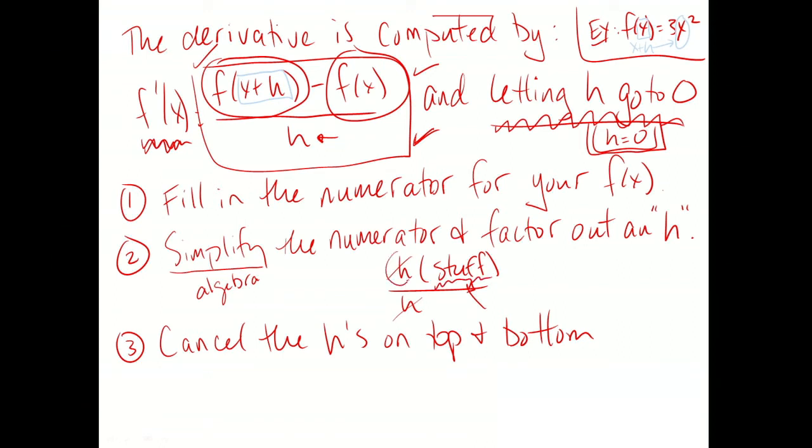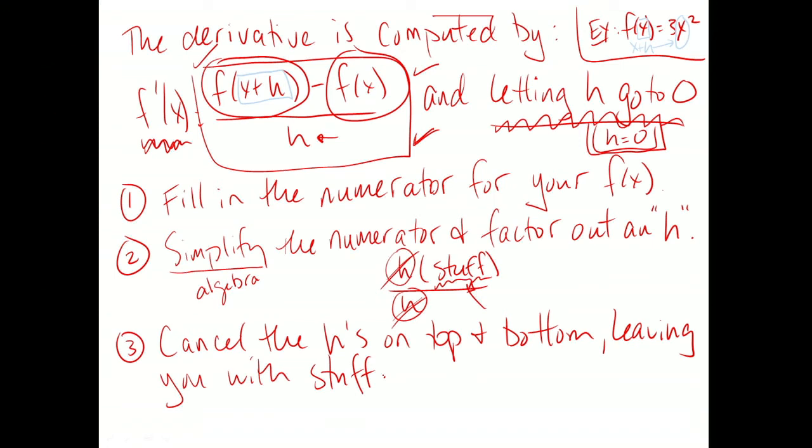But the point is that this h and this h, the h that you factored out and the lone h on the bottom, can be canceled now. And if you do that, that becomes a fancy 1, right? So you'd only be left with stuff. So cancel the h on top, leaving you with just stuff, whatever that is.